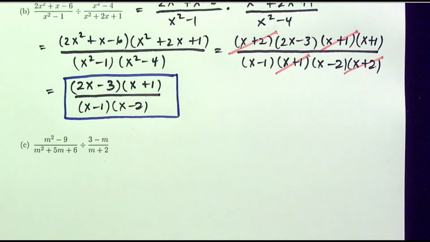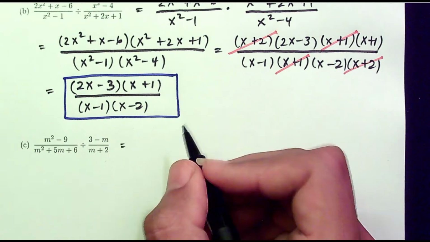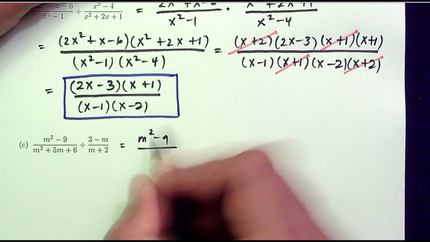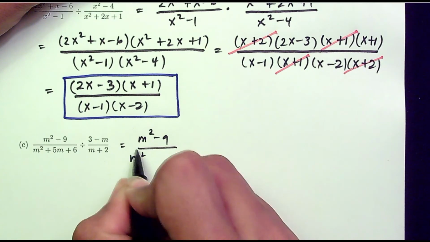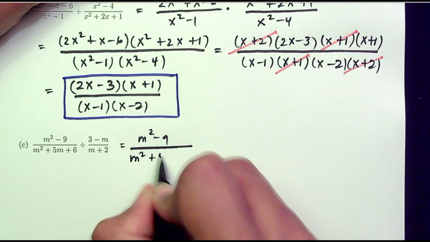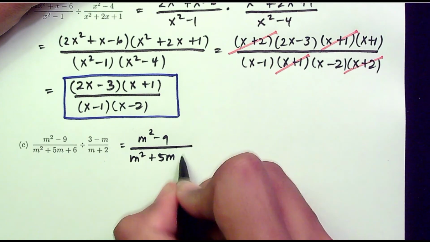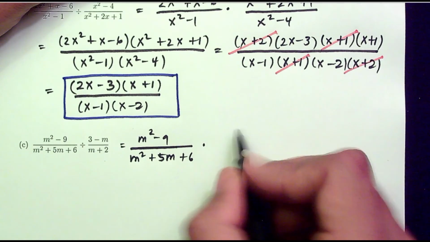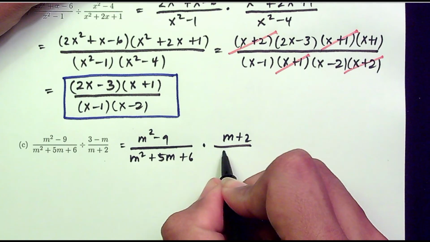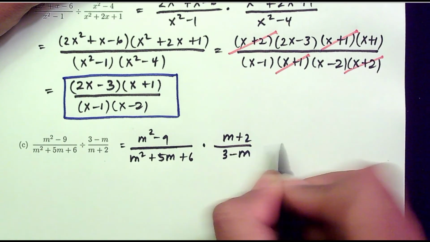Okay, let's do it. So the first thing we're going to do is change the division to multiplication. So times m plus 2 over 3 minus m.